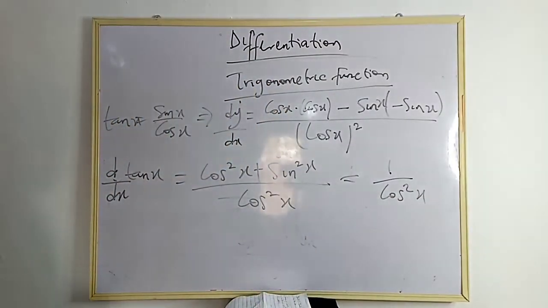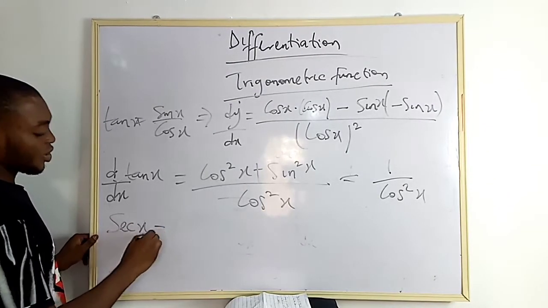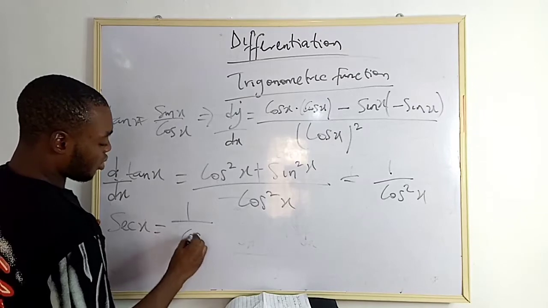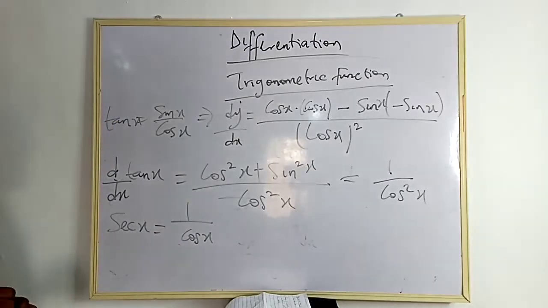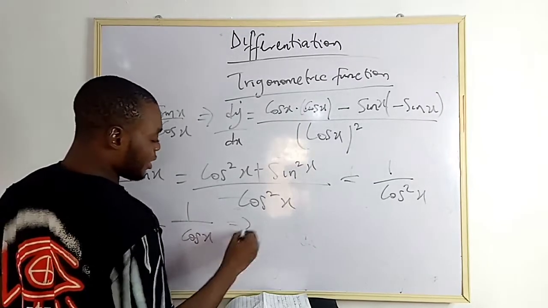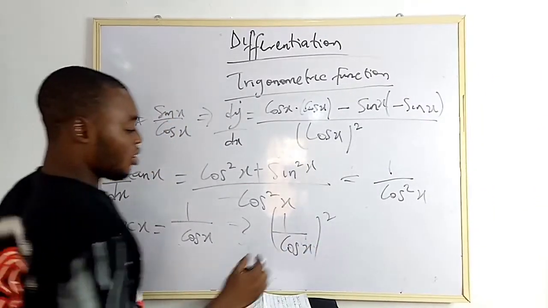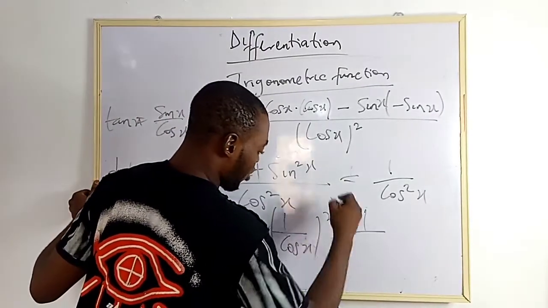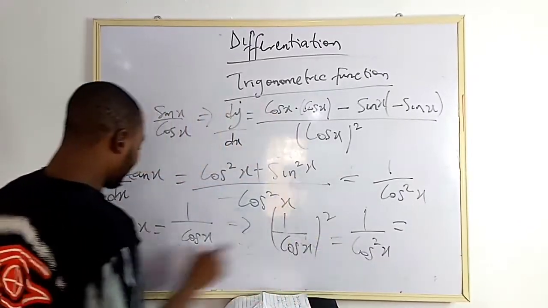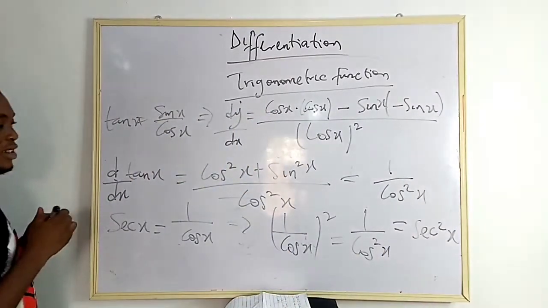Also in trig identities, don't forget that sec x is equal to 1 over cos x. If we square both sides, 1 over cos x, all squared, is 1 over cos squared x, which also equals sec squared x.